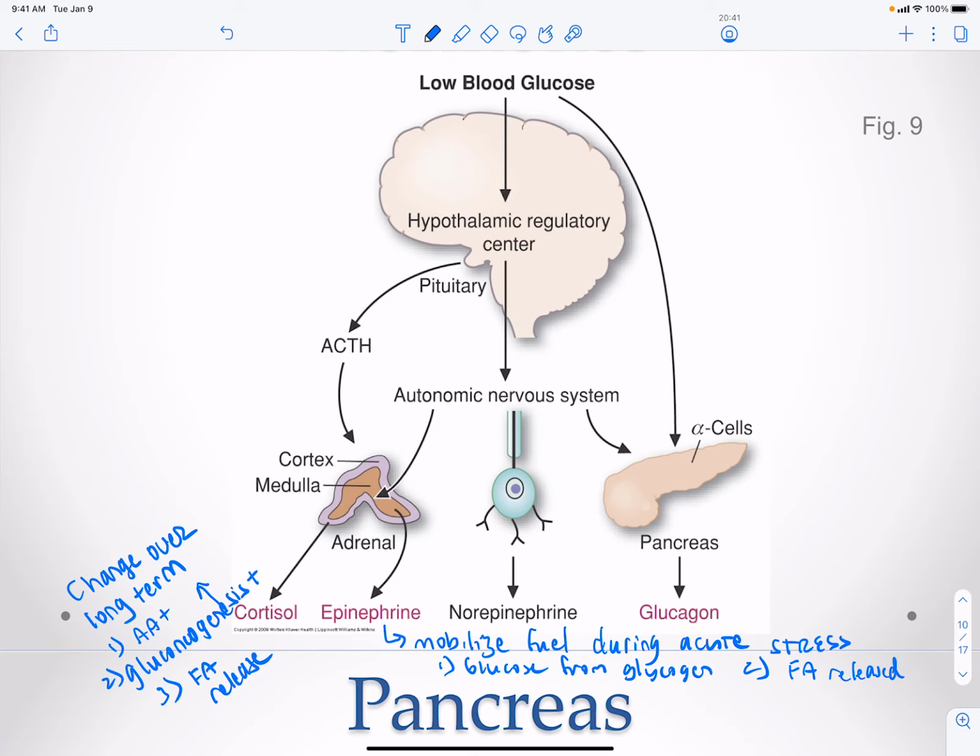Now, your secretion of these stress hormones during low blood glucose is going to be one of those signals that tap into your central nervous system. So you're going to have your hypothalamus, which is a major regulatory center for sending out signals to the body. And from the pituitary, you have your adrenocorticotropic hormone released.